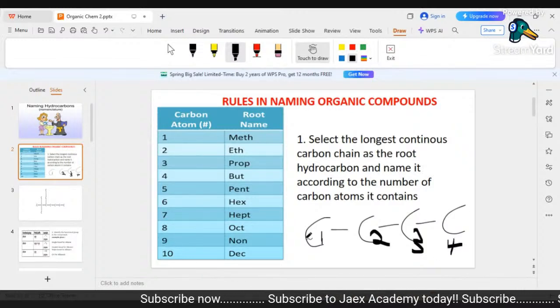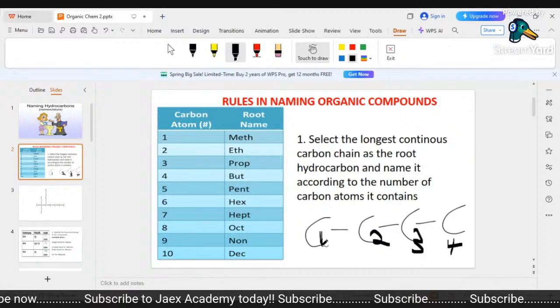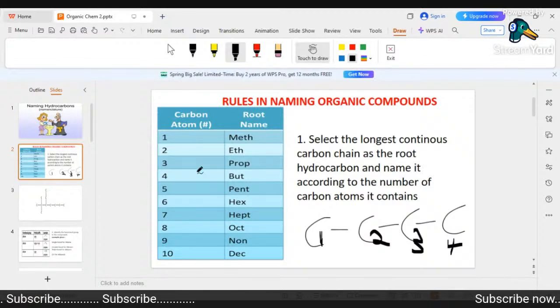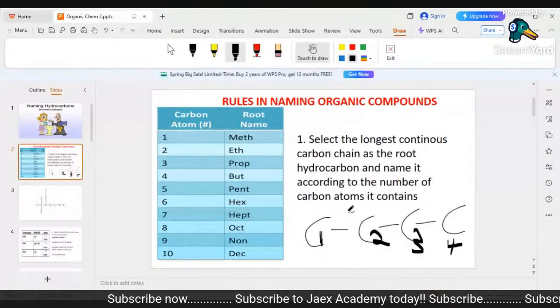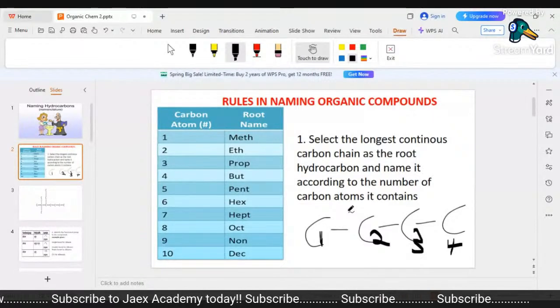So the longest continuous chain is 4. Look at the reason why carbon is regarded as the major element in organic chemistry. We said it has the ability of catenation, and it can combine with hydrogen, halogen, and nitrogen with ease. We gave 3 reasons.